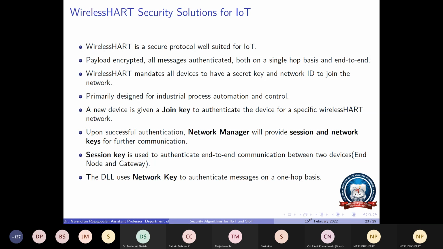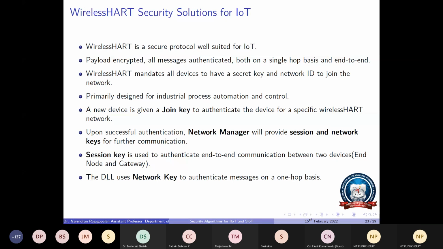Once this authentication is successfully done, the network manager provides that device with a session key and a network key. This session key is for end-to-end communication between any two nodes. It can be node to node or a node to a gateway. A gateway is a node which connects to a bigger network, just like a router. So all data that flows out of a one hop would be via a gateway.